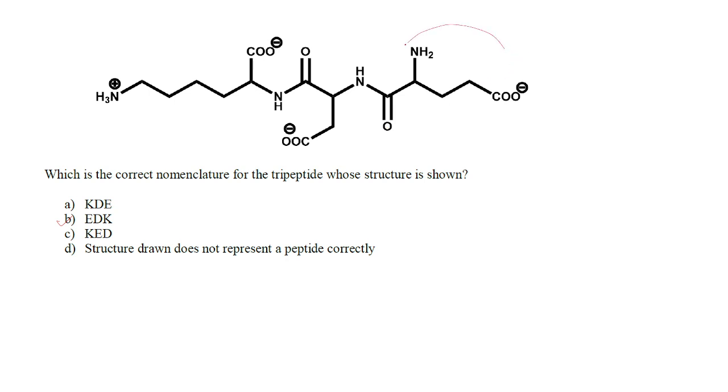This one? Then this is D and this is K. So EDK will be the correct answer if it is drawn properly, right?